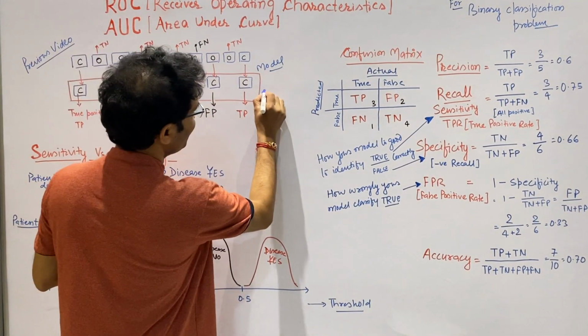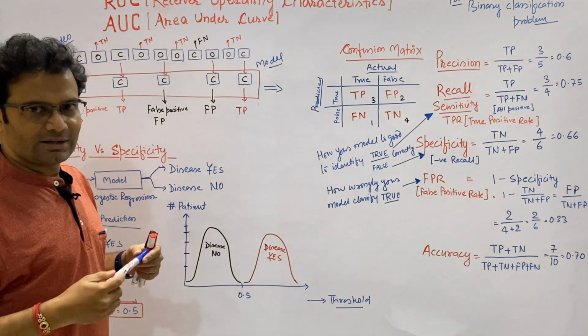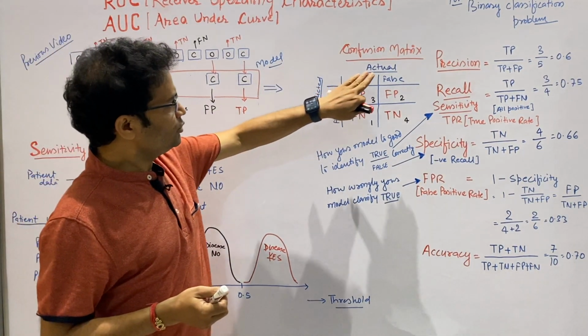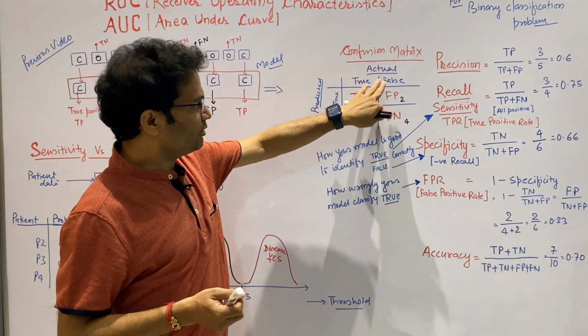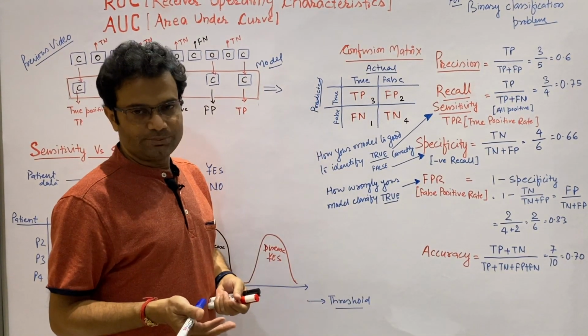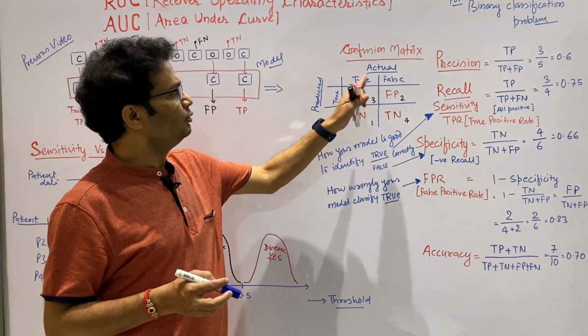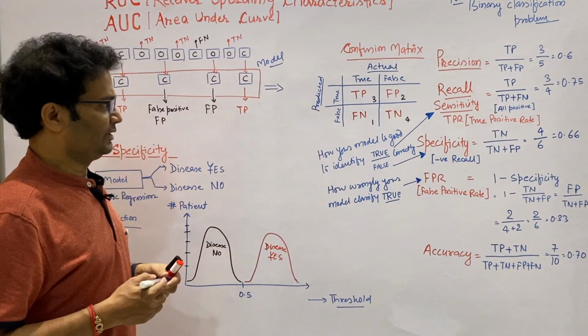These are the terminology. Now when you convert all these values into the confusion matrix, what is the confusion matrix actually? You draw the actual data and your predicted output, and you compare both values in terms of true, false, positive or negative.